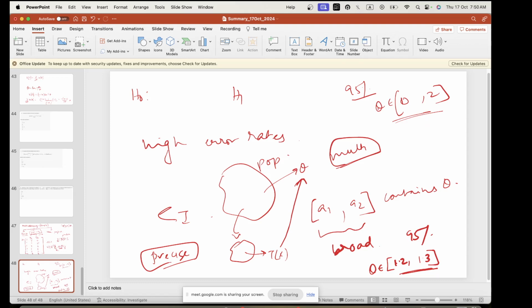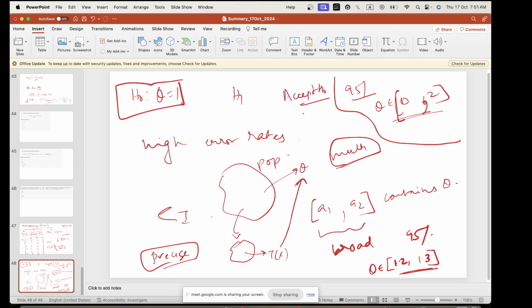So if theta is belonging to this confidence interval, let's say if I have theta equal to 1, I am testing this hypothesis. Okay, so 1 is belonging to this confidence interval. So if I am basing my hypothesis on this, then I should accept H naught.